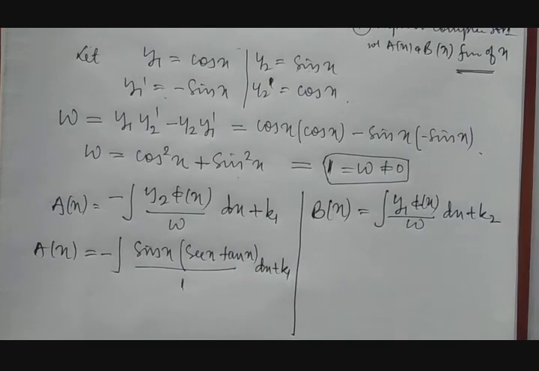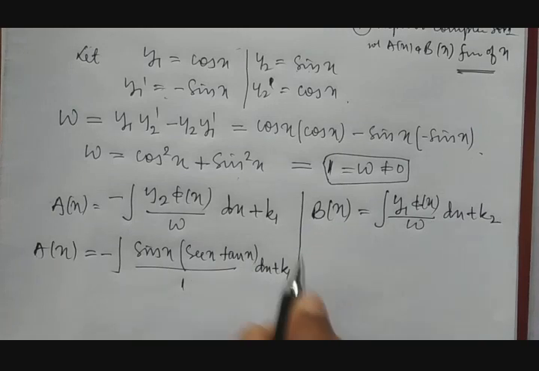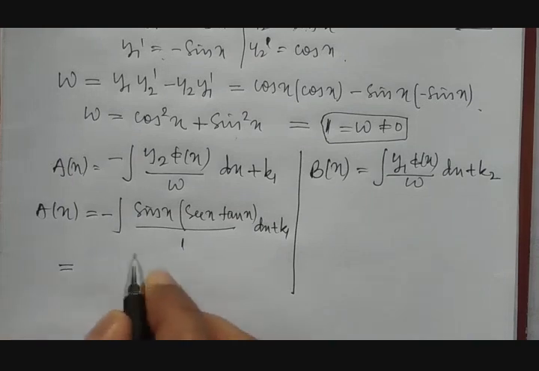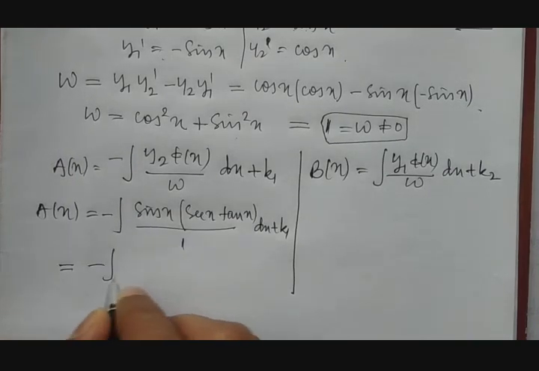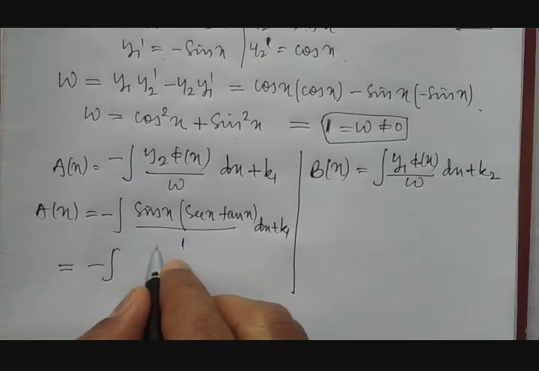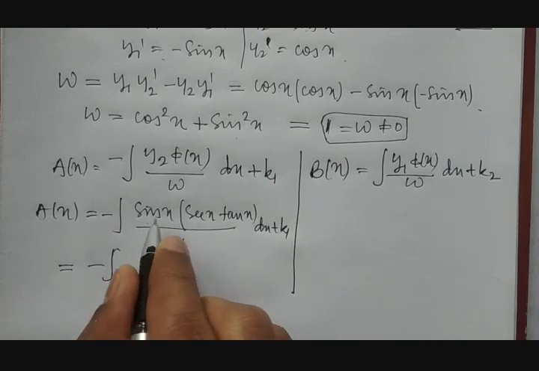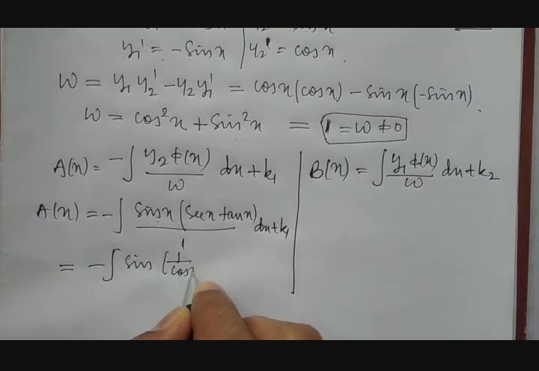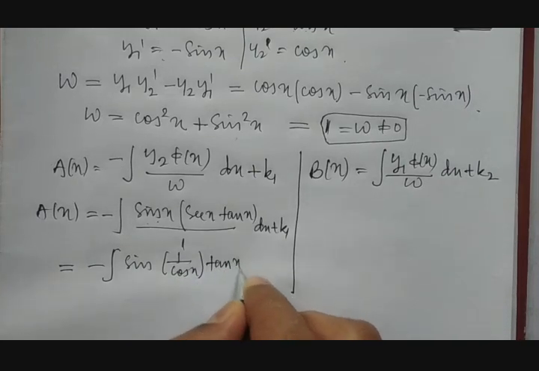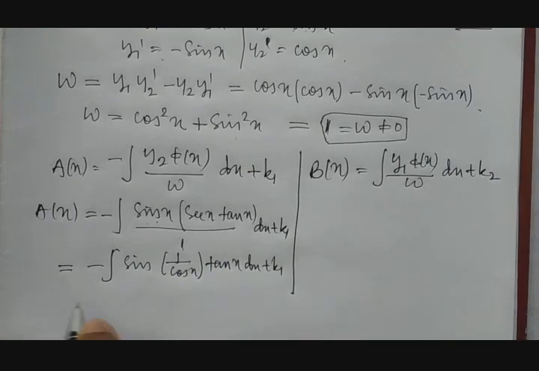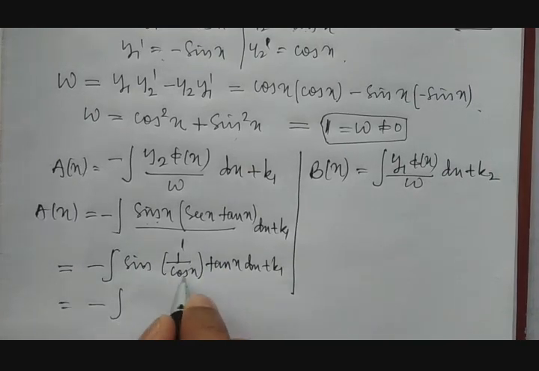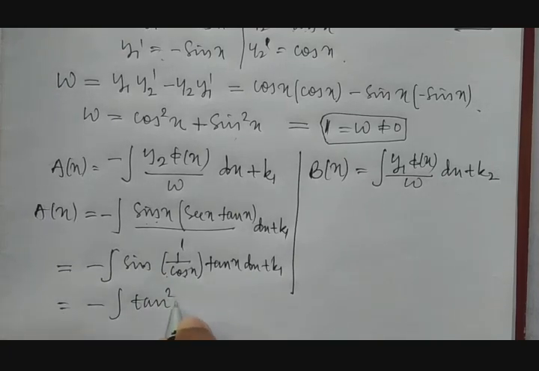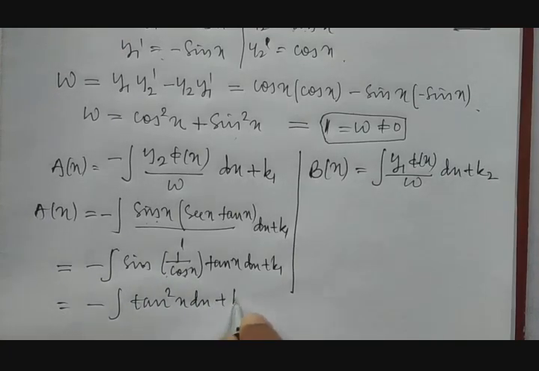In a hurry, don't go directly for integration. First you simplify as much as possible. After simplification only we go for integration. Therefore minus integration of sin x. We can write this sec as 1 by cos. This tan I'll keep as it is, with respect to x plus k1. Now we can understand sin by cos is nothing but tan. Tan into tan will be tan square x with respect to x plus k1.